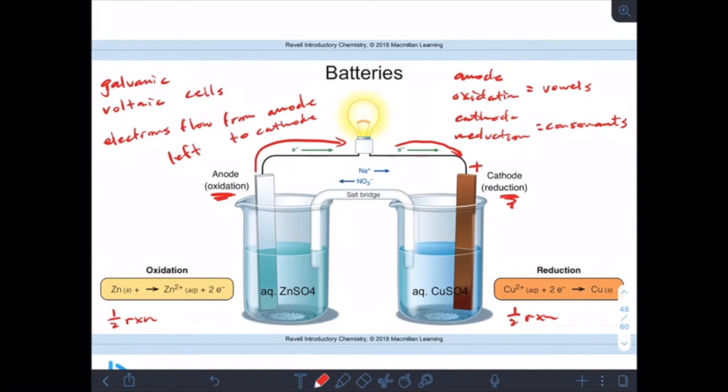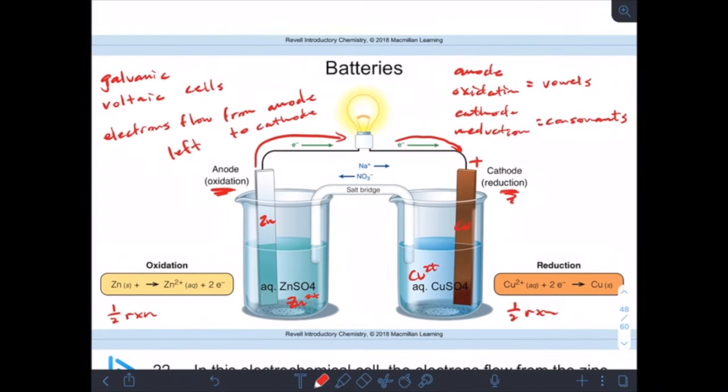So in this example, on the left, we have a piece of zinc in zinc ions. Down here in the solution, we have zinc 2+ ions because it's zinc sulfate. And on the right, we have solid copper in copper ions. As the reaction happens, we have zinc solid becoming zinc 2+ ions.